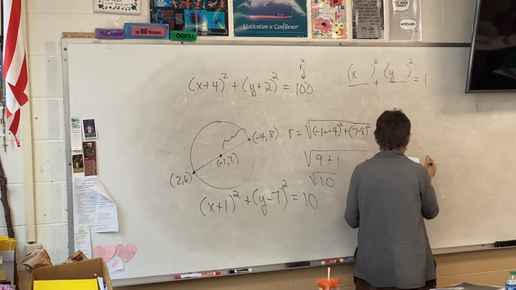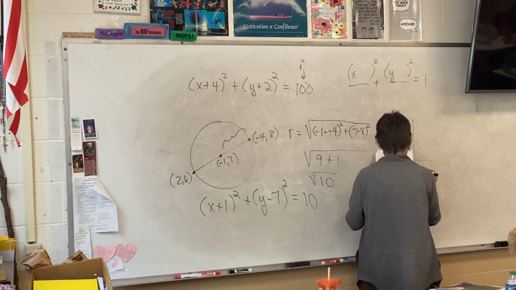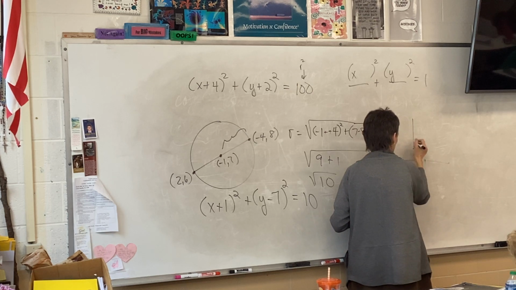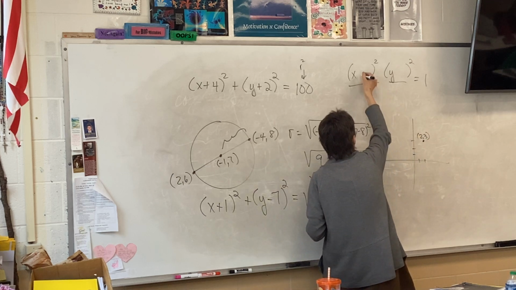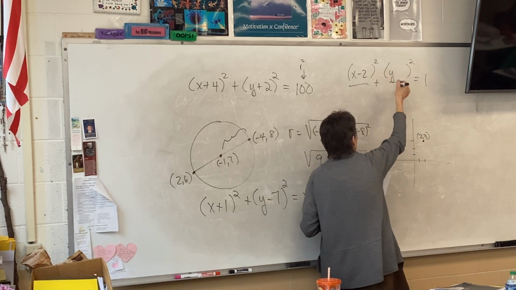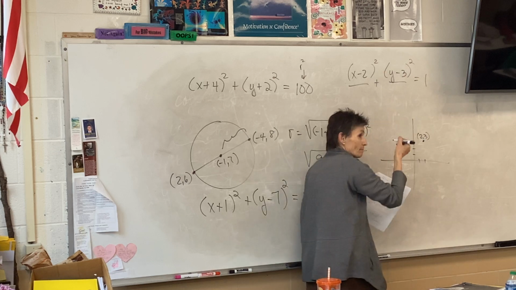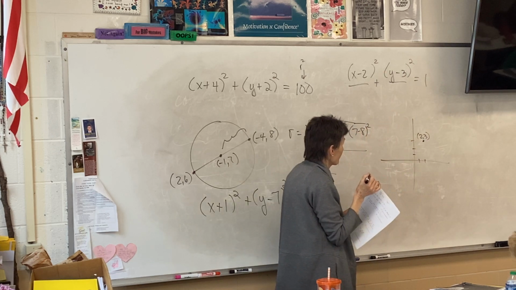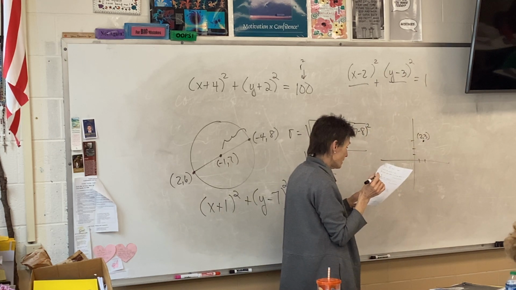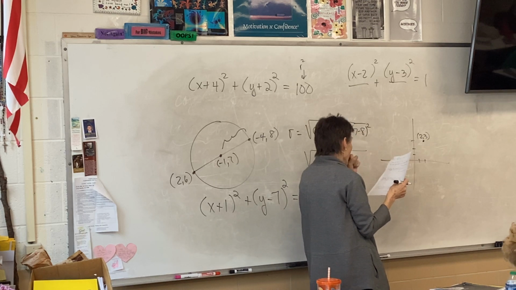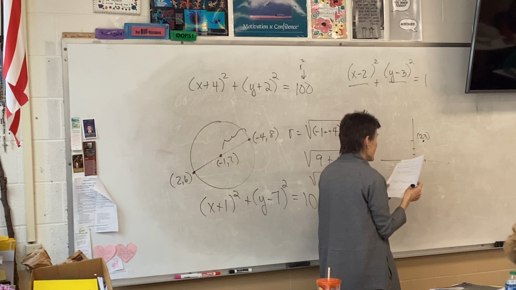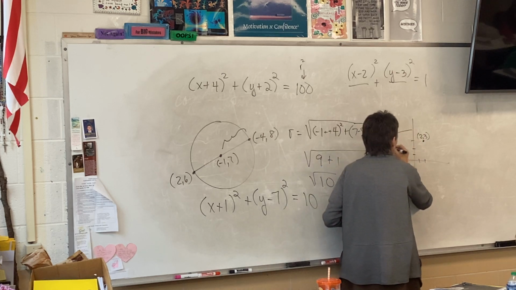All right, what do I know about this ellipse? Its center is at 2, 3. That means x minus 2, y minus 3. And the major axis is 12, the minor axis is 4, and it's stretched horizontally.